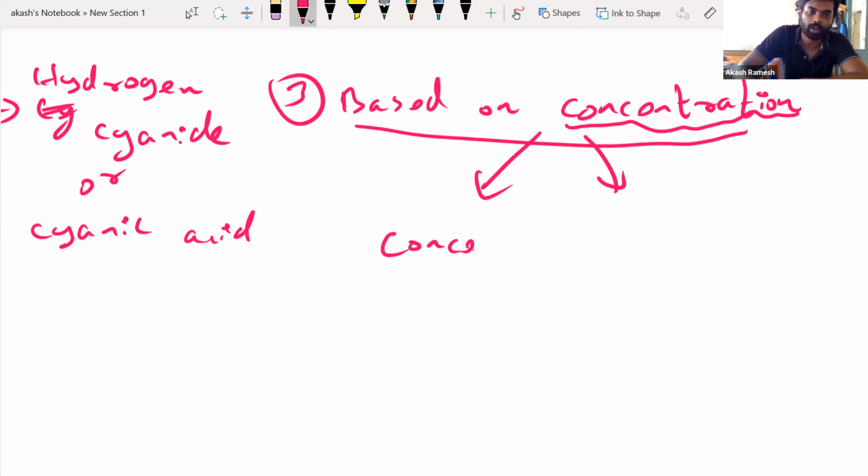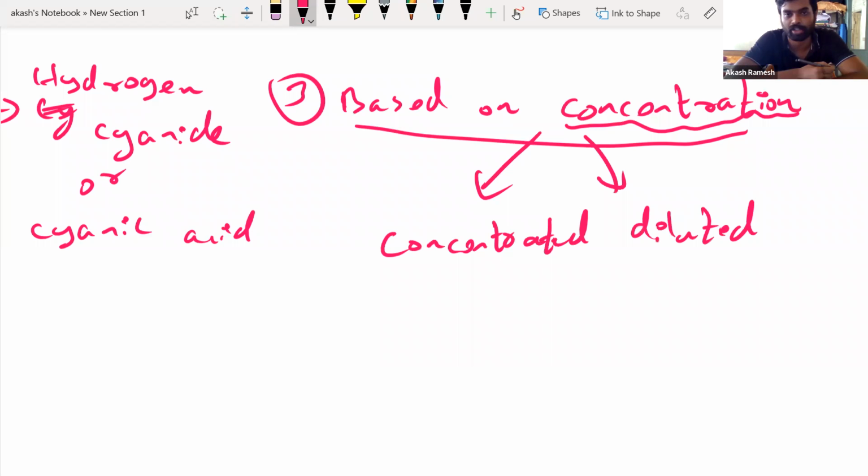I have something called a concentrated acid and something called a diluted acid. This is the classification: concentrated acids and diluted acids. Before we see what is concentrated and what is diluted, we'll spend some time on the term concentration. What do you mean by concentration?